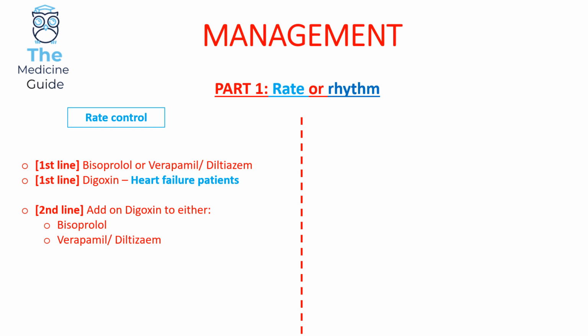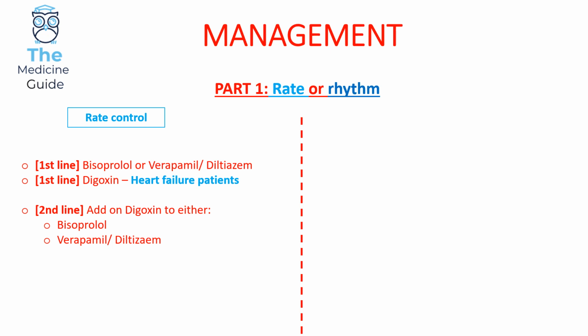Okay, so now let's look at rhythm control. Rhythm control involves either pharmacological or electrical cardioversion to revert the irregularly irregular rhythm back into sinus rhythm. Now, rhythm control is preferred in patients who are less than 65 years old, so they're younger than 65.